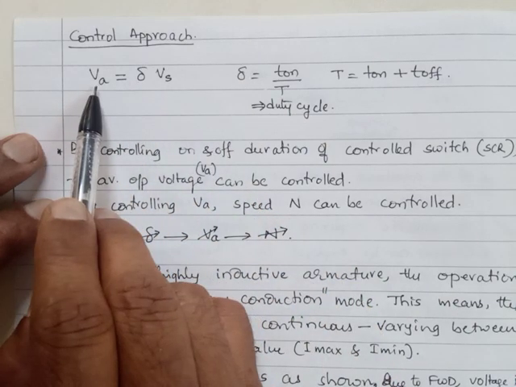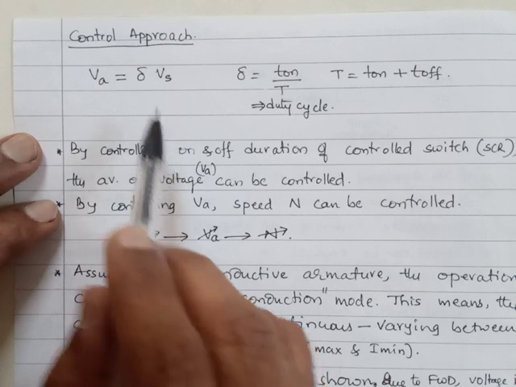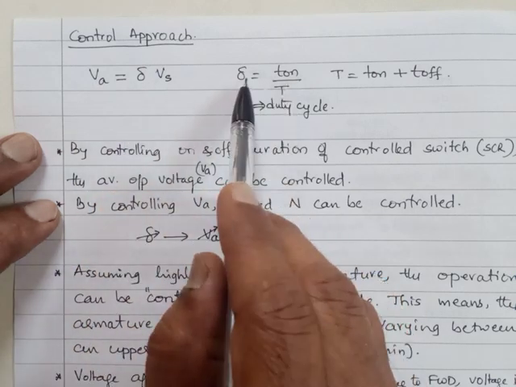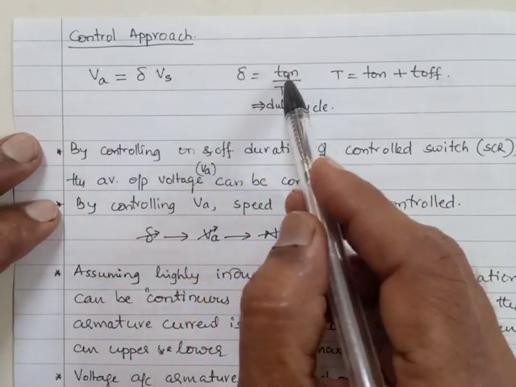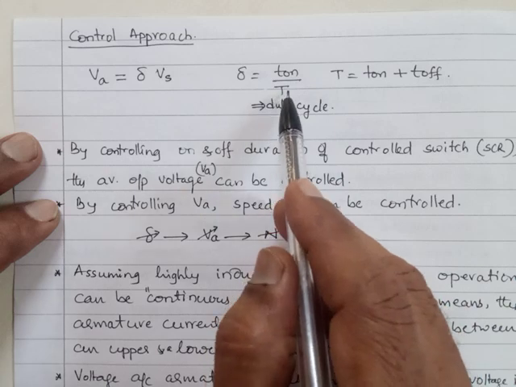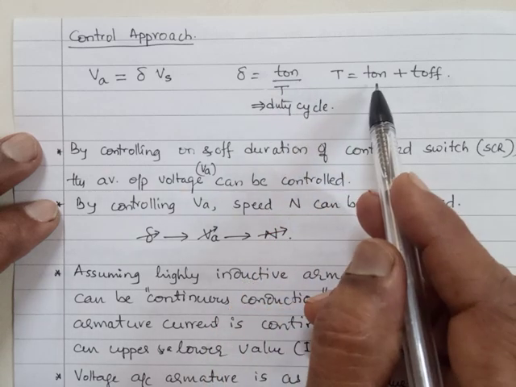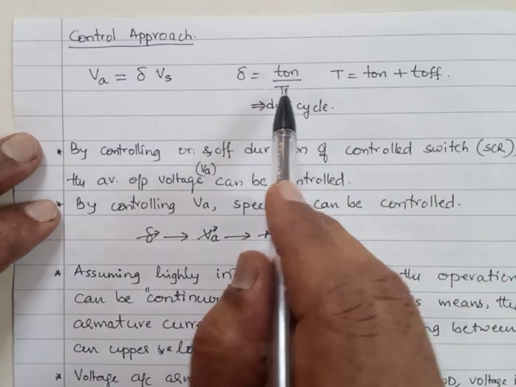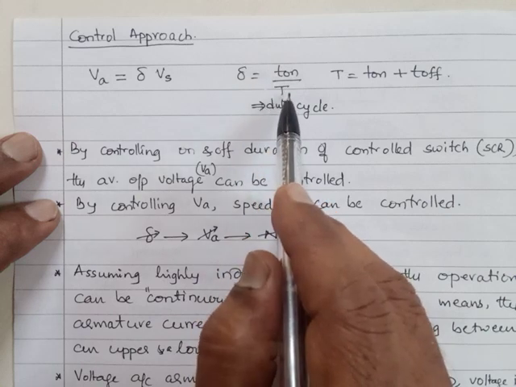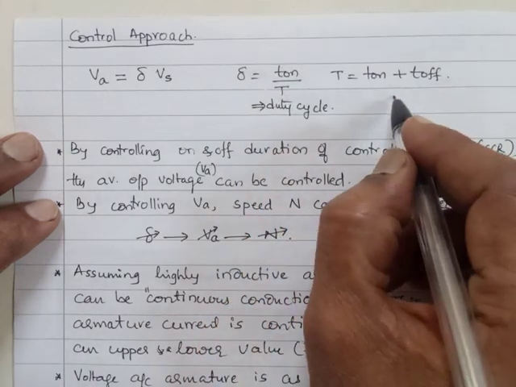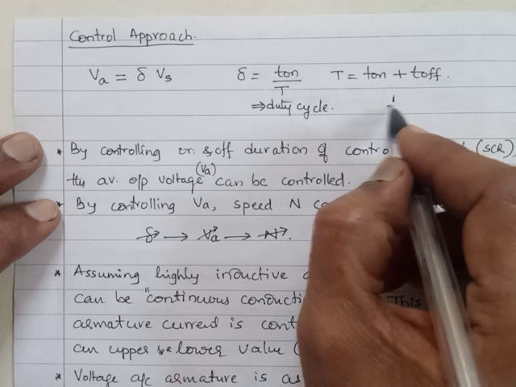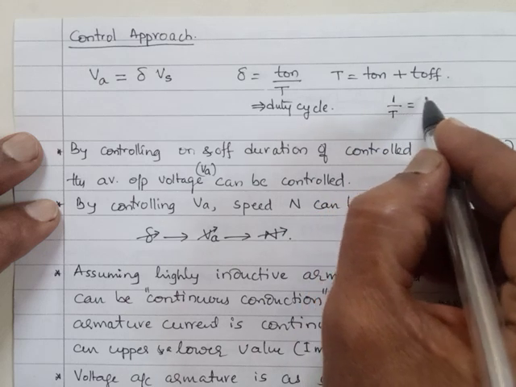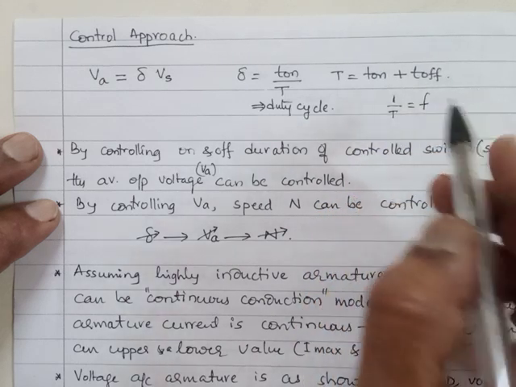decides the value of VA, and this delta can be changed by changing T on and T off, or 1 by T being f, the frequency.